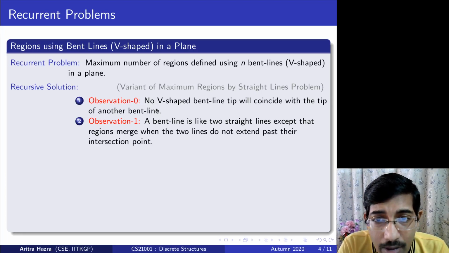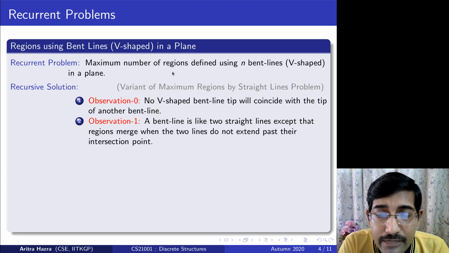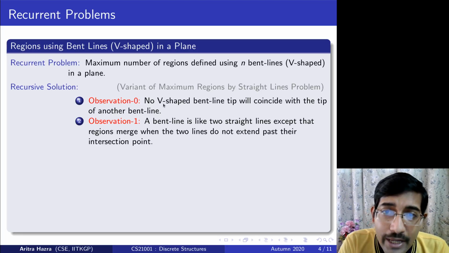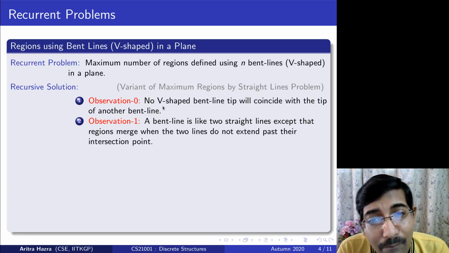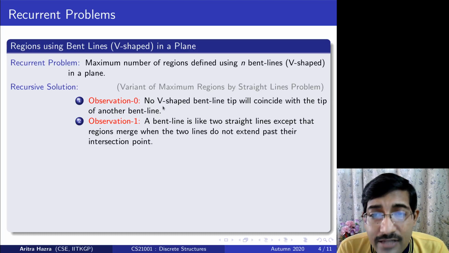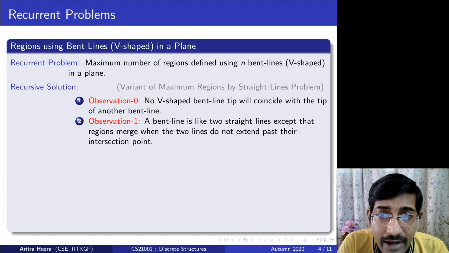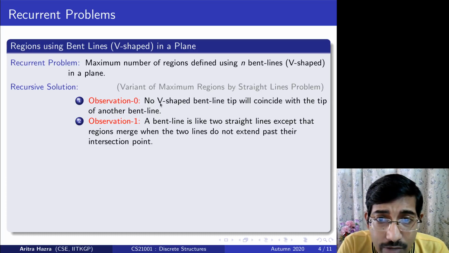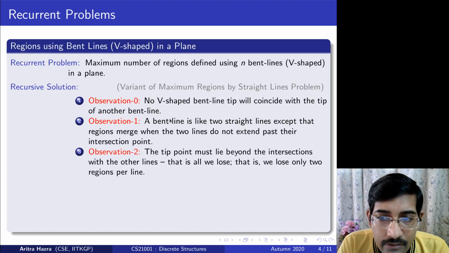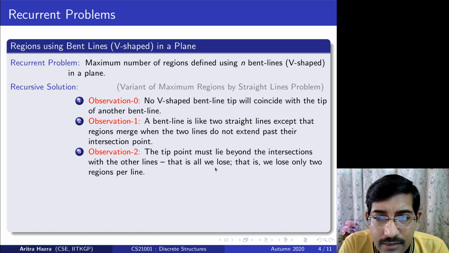So if you have one V-shaped bent line present in the plane, your nth bent line is just like adding 2n lines and the regions in the plane. Except the fact that do we lose something because we have stopped after the tip, extending the straight line? So the tip point must lie beyond the intersection with the other lines. That is all we lose.